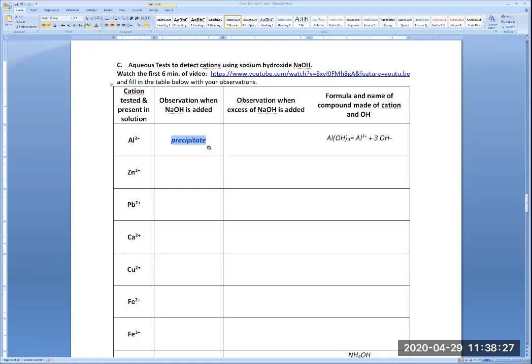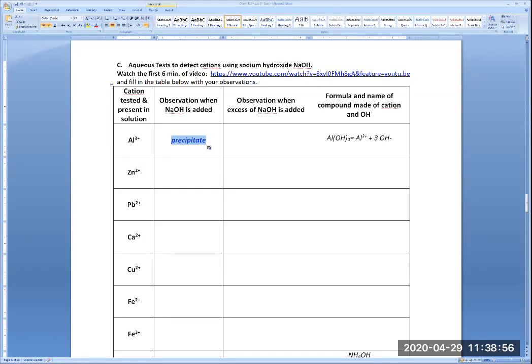The powder that is forming inside the solution is called a precipitate. In the videos, sometimes they have the abbreviation PPT. PPT means precipitate, and it's referring to that solid that is formed when you are mixing two clear solutions. So I have the word here for you to know how to write it.